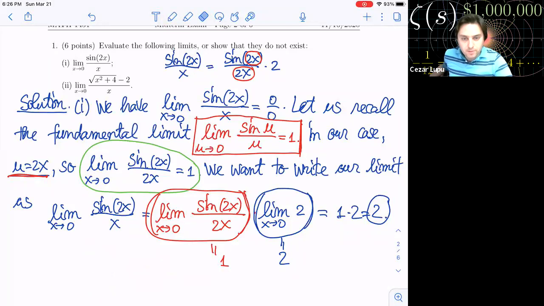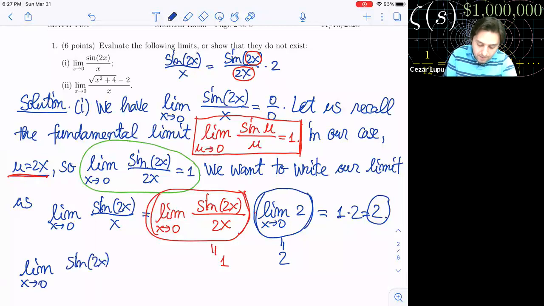Okay, let's see, another question. So what if the x in the bottom was like a 3? Well, for example, if it was something like this, the limit as x approaches 0 of sine of 2x over 3, right? That's what you're asking?